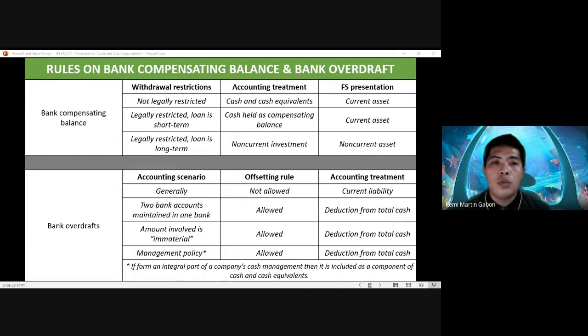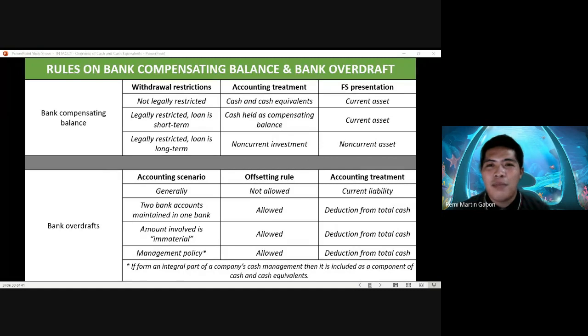Tapos yung checking account 2 is negative 500,000. So allowed siya na i-present sa FS na Unity Bank checking account 1 na 500,000 na lang, net of overdraft. Pwedeng ganon.